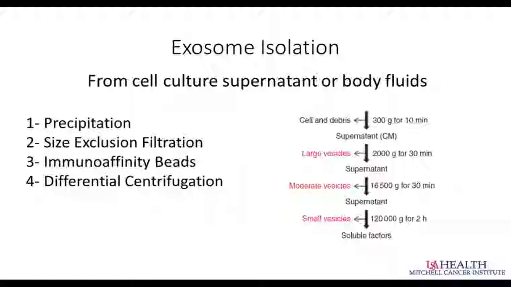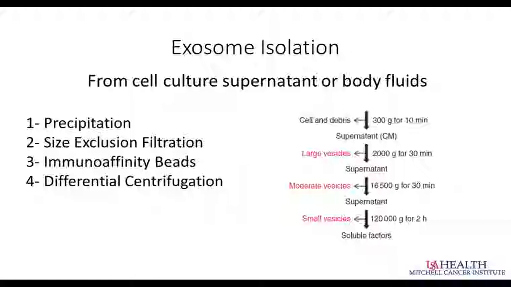Sometimes you're worried that you might not get full recovery, so your yield might be a little lower in that method. And it could certainly never be considered quantitative, because each sample might not travel through the chromatography bed quite the same. But they do come out very clean in that respect. So we like that for flow cytometry.